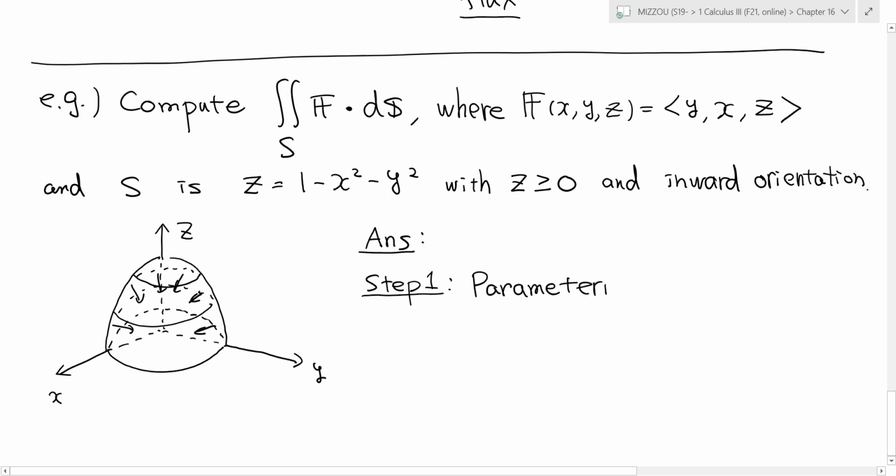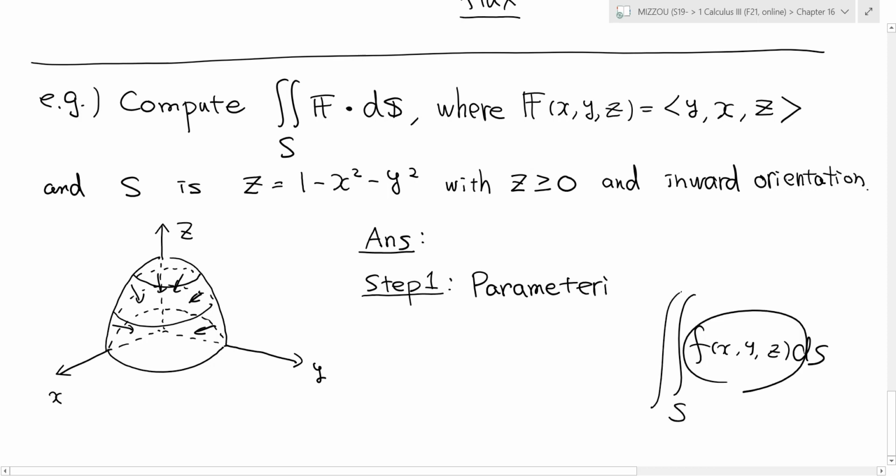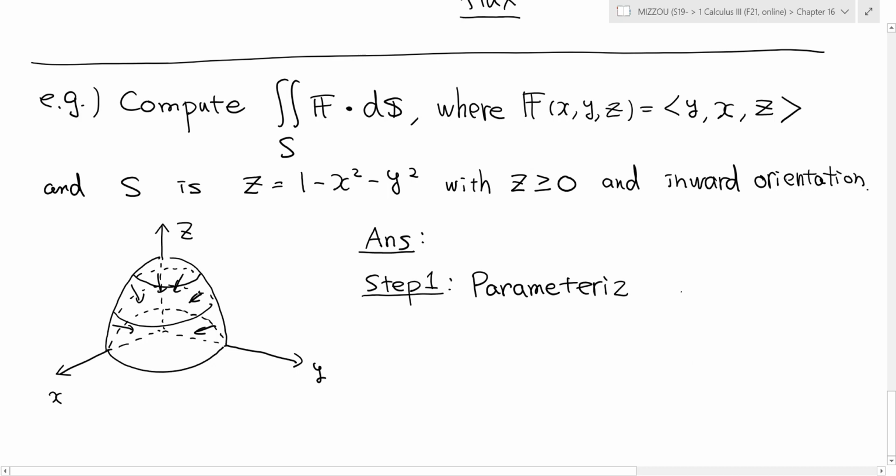This is the same even for the surface integral of a scalar field. Remember, we have done that, and even there, the key point is parameterization of the surface. And the same here, we parameterize the surface S.